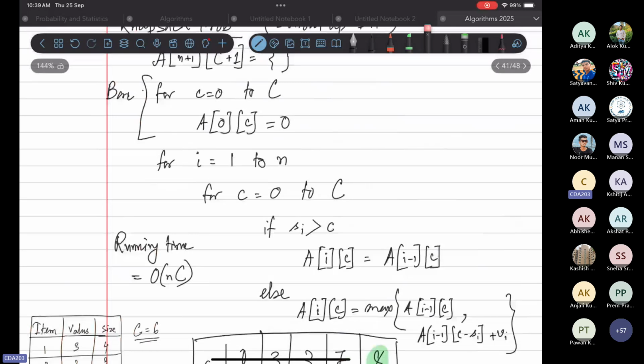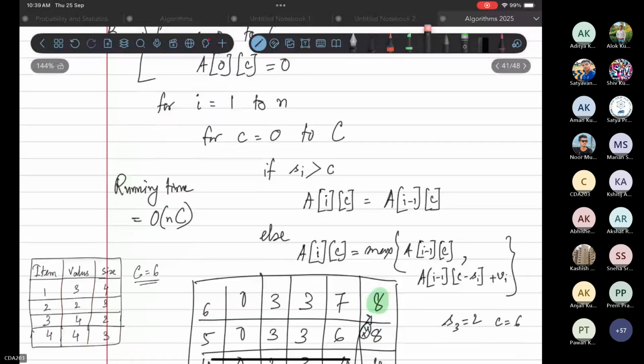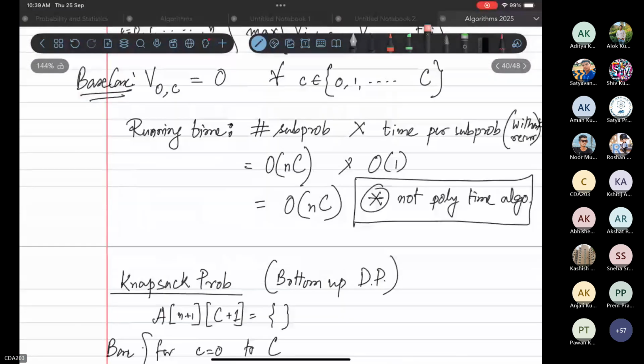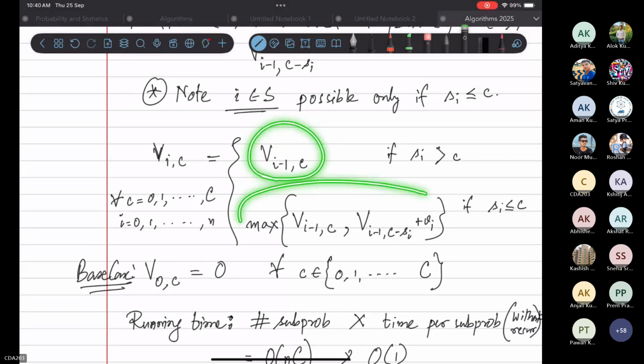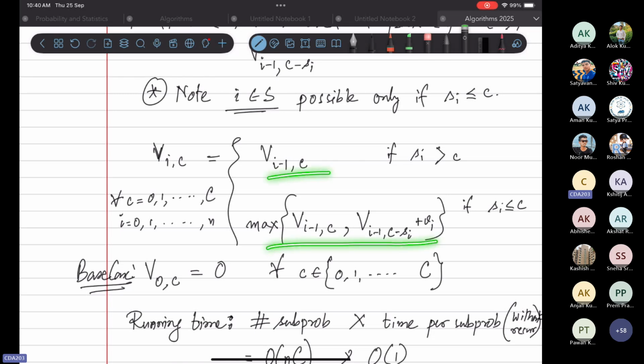For example, when you have the recurrence relation of the 0-1 knapsack problem, its solution can come from this part, and also it can come from this part. I don't know from which part the solution is coming, so I have to keep track of both of them.